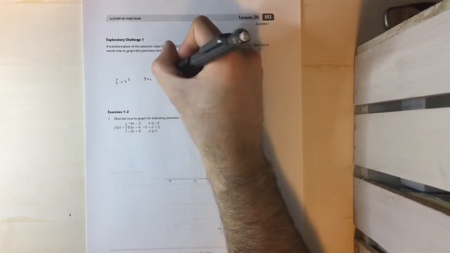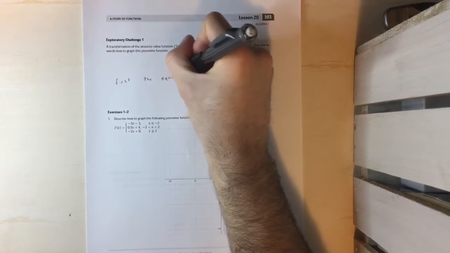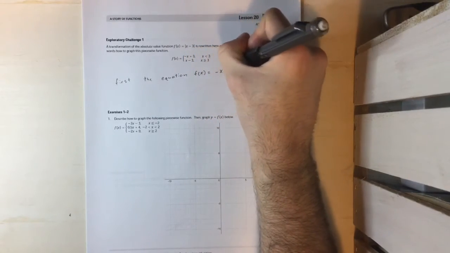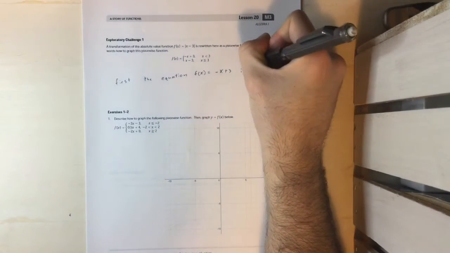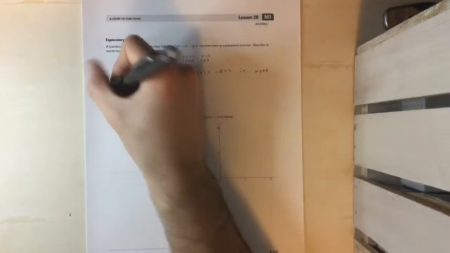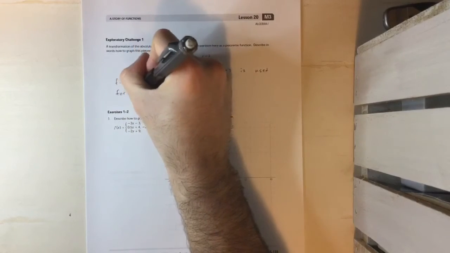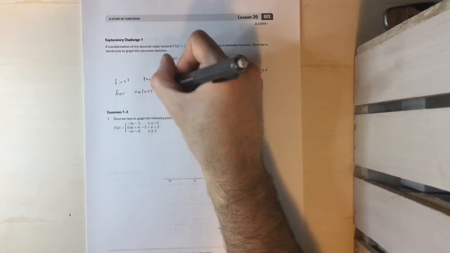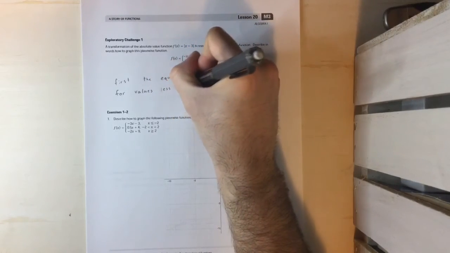the equation f of x equals negative x plus 3 is, I'd say, used for values less than 3, so we'll say less than 3.